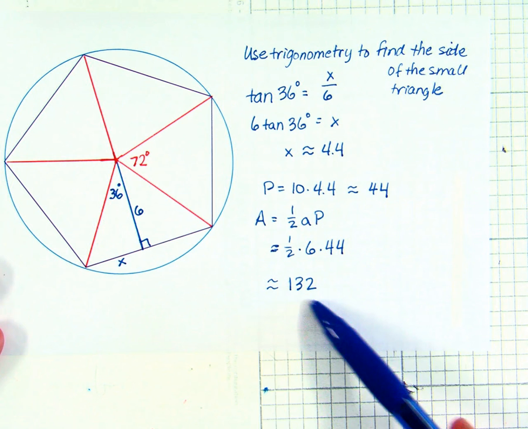Our next one is the regular hexagon. I'll go ahead and draw the radii of the hexagon and the circle that circumscribes it.